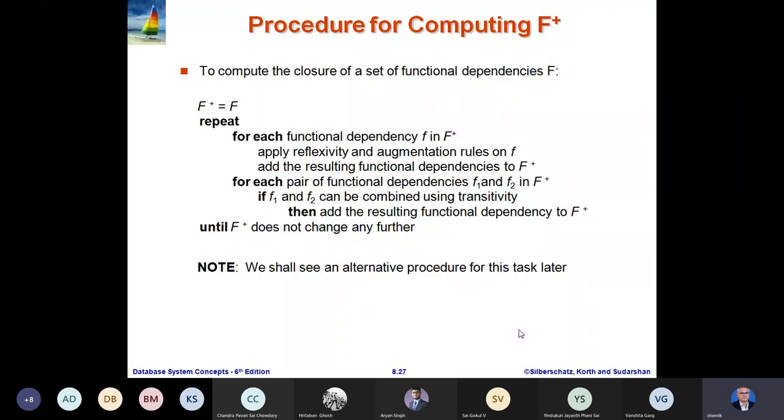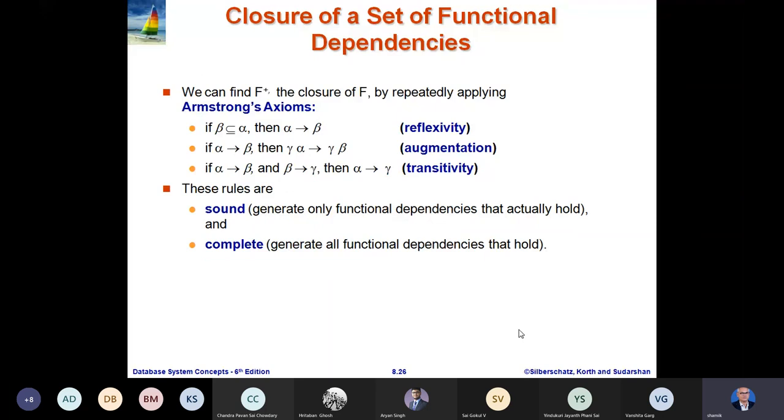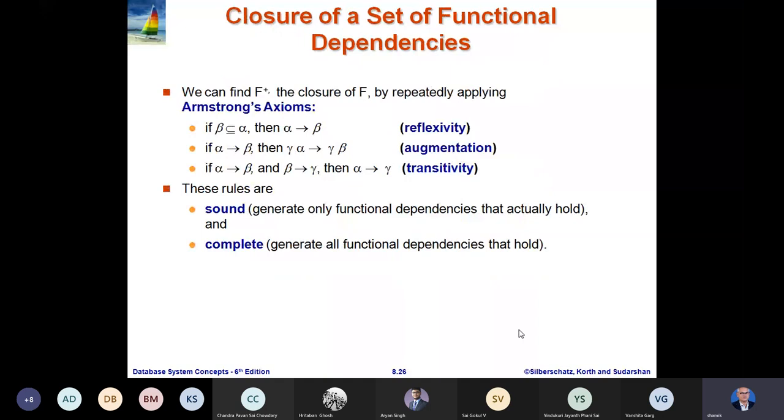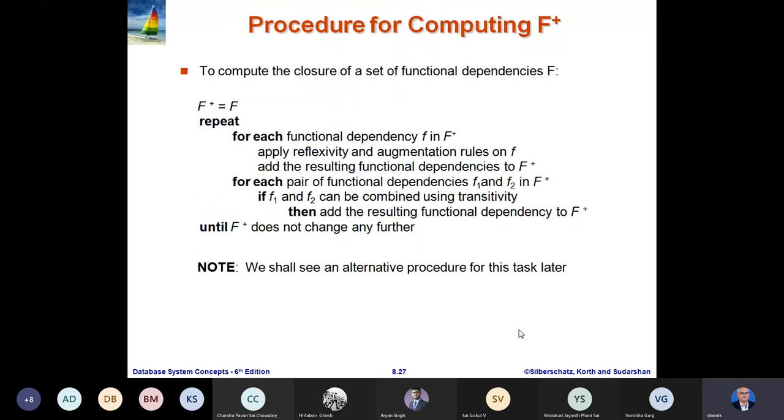So it is fairly simple. As we see, here we apply reflexivity and augmentation. As you see, reflexivity and augmentation are for one functional dependency alpha to beta, and the third one, transitivity, is for a pair of FDs alpha to beta and beta to gamma, and hence we say that for each pair of FDs f1 f2 in F plus, if they can be combined using transitivity, then add that resulting functional dependency to F plus.